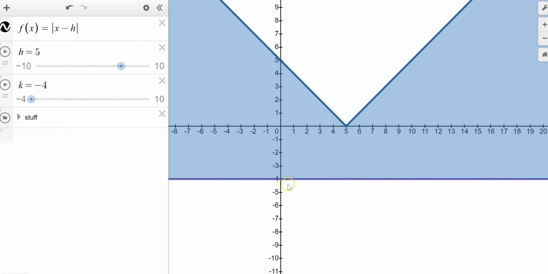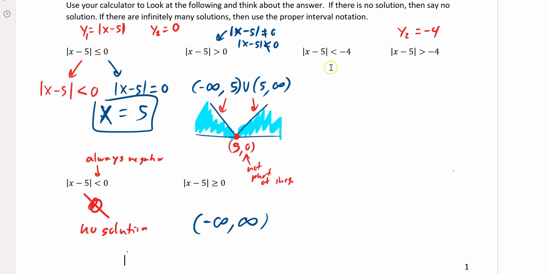So we have two situations going on. We have from negative infinity to positive infinity when k is greater than negative 4, and no solution when it's less than. So just think about what this is saying. If it's saying it's less than a negative, that is completely impossible for an absolute value because the absolute value has to always be positive. So there's no way our absolute value will ever be less than a negative.